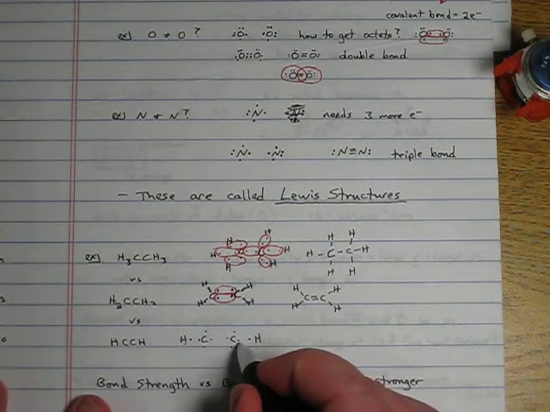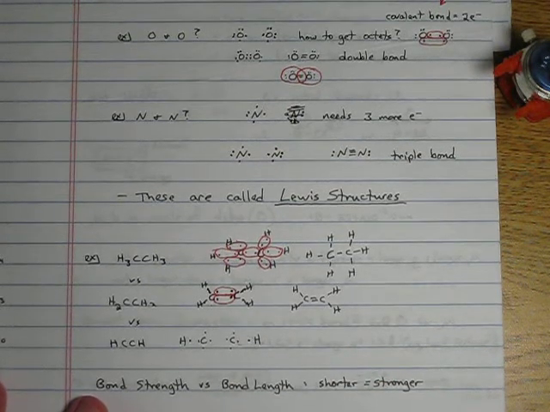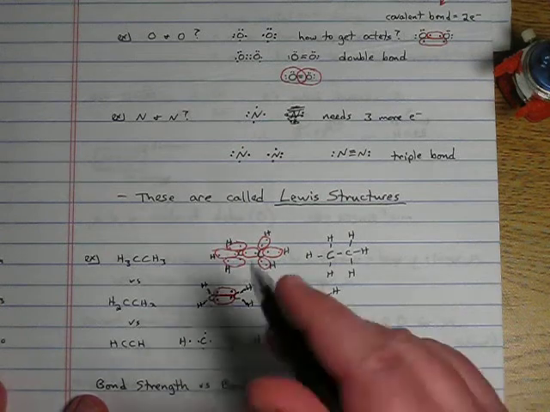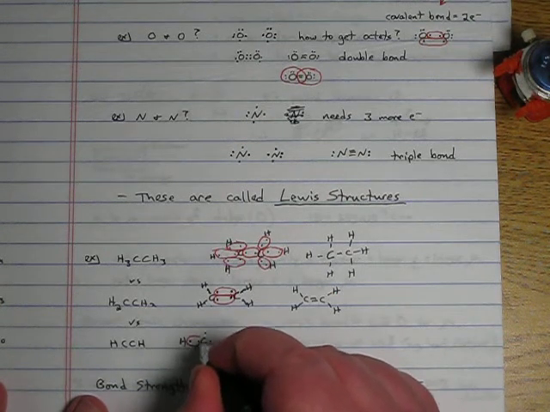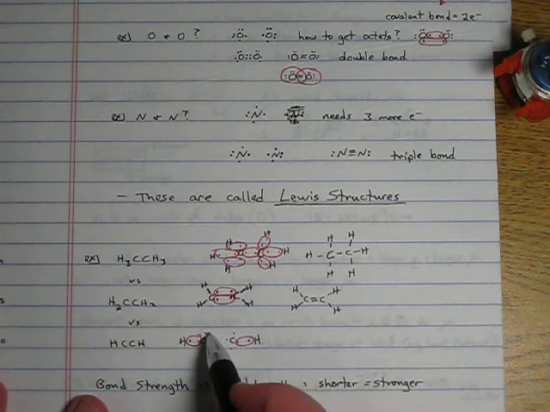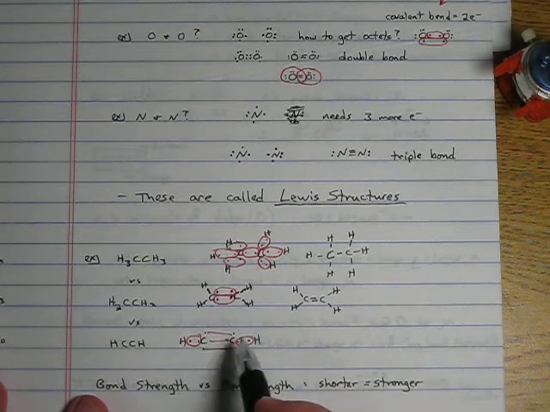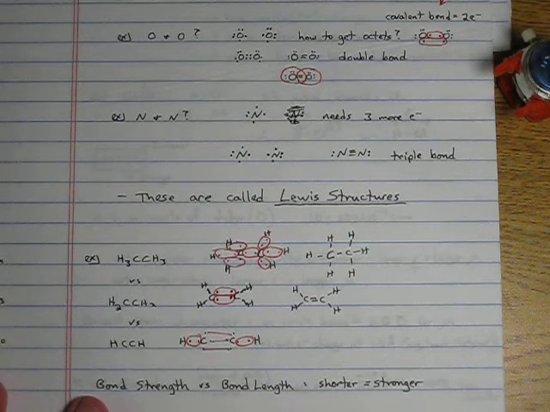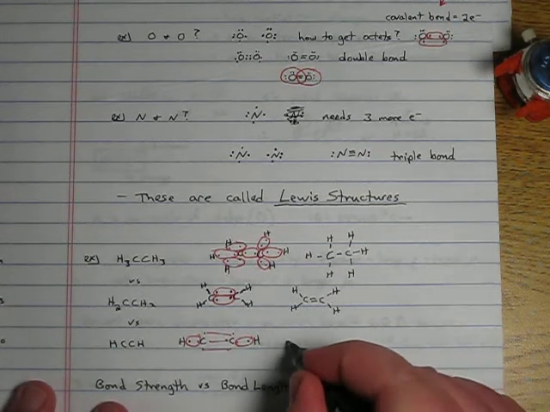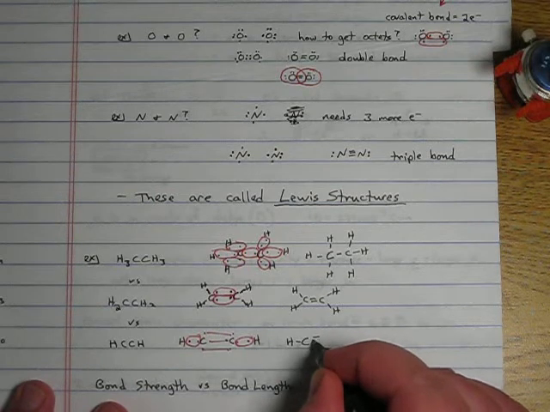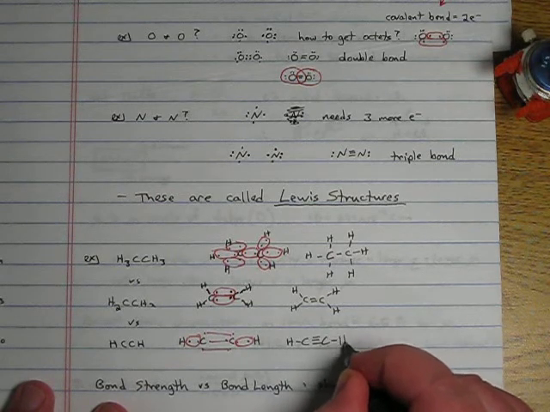First, we're going to form the bond between the carbons and hydrogens. No problems. And we can see we're going to form a triple bond here to get our octet. And we will end up with HC triple bond CH.